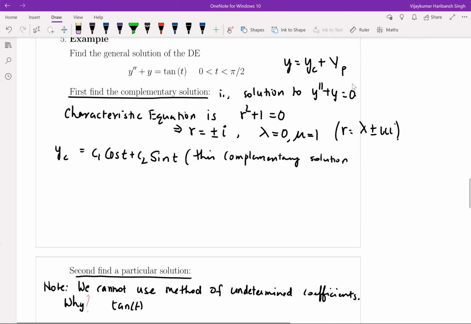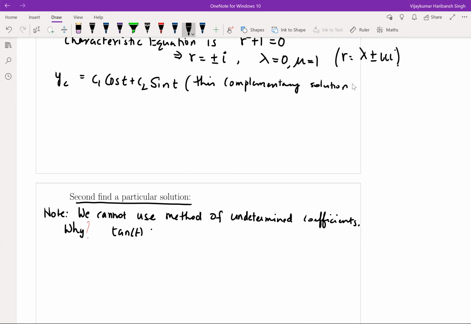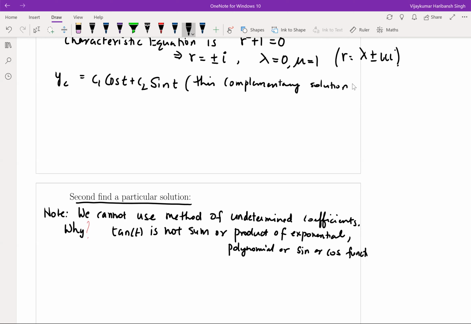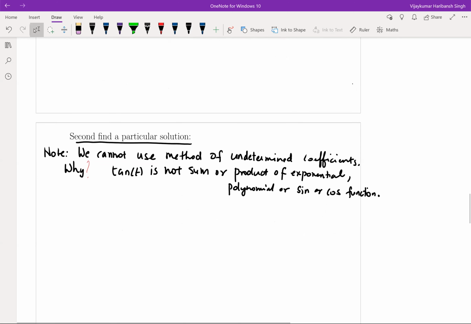So your tan t is neither a sum nor a product of exponential, polynomial, or sine or cosine functions. That's the only time you can use the method of undetermined coefficients. So the method of undetermined coefficients is not applicable.